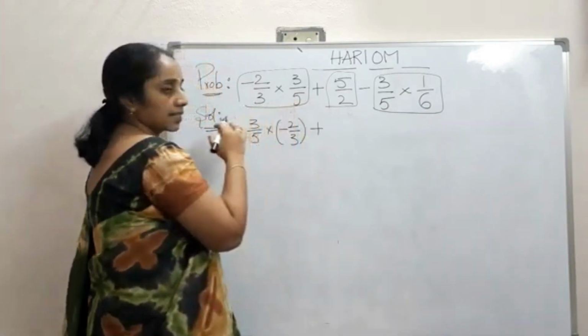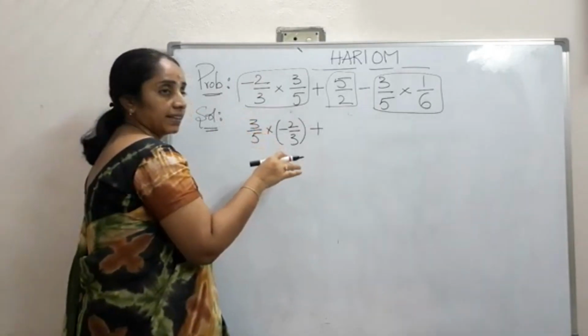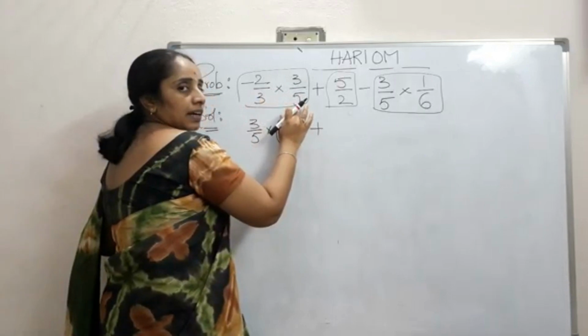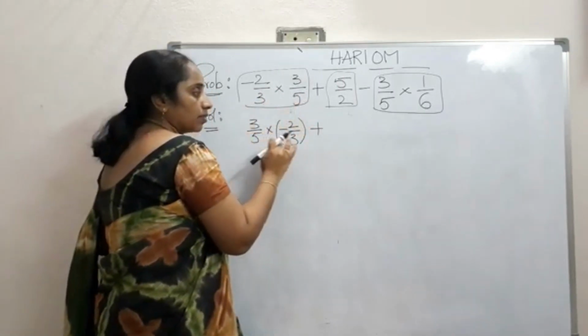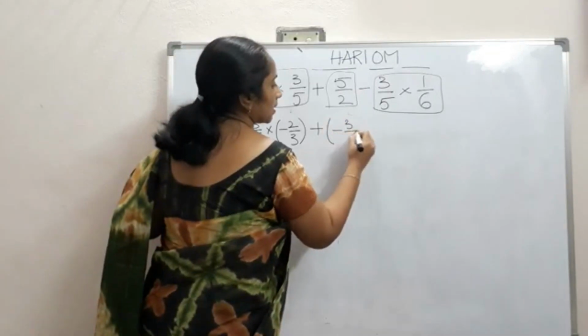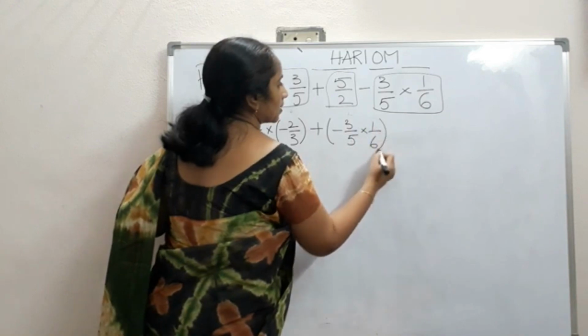Now I am interchanging the terms, that means I am applying the associative property. A into B I have taken as B into A, plus minus 3 by 5 into 1 by 6.